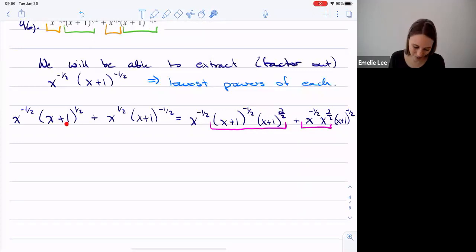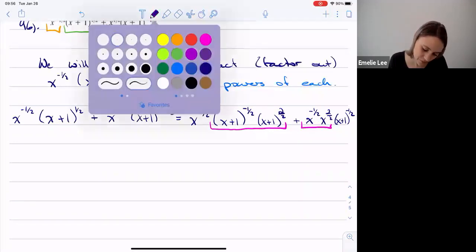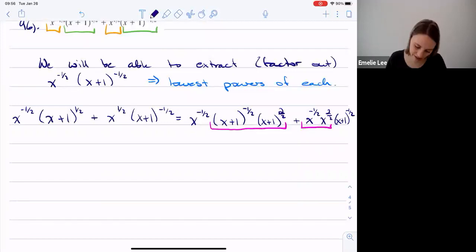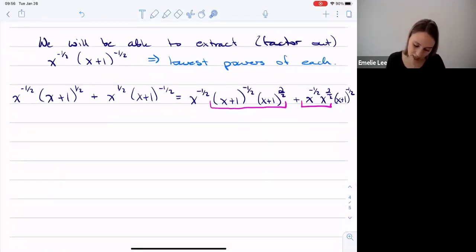And end up where I started here, x plus 1 to the positive 1/2 and x to the positive 1/2, negative 1/2 plus 2/2, which is just 1/2, which is what we decided. Right? So now I'm able to pull out the common factor of x to the negative 1/2 times x plus 1 to the negative 1/2.